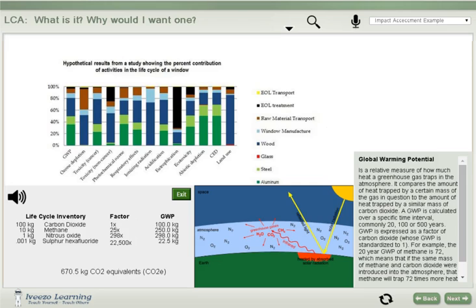By multiplying the quantity of each greenhouse gas emission in the life cycle inventory by its GHG, greenhouse gas factor, the total global warming potential is calculated and expressed in a common unit of CO2 equivalents.